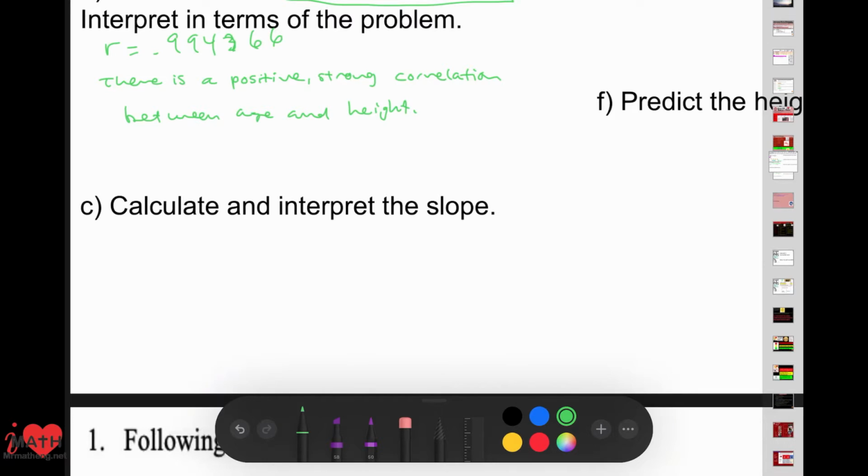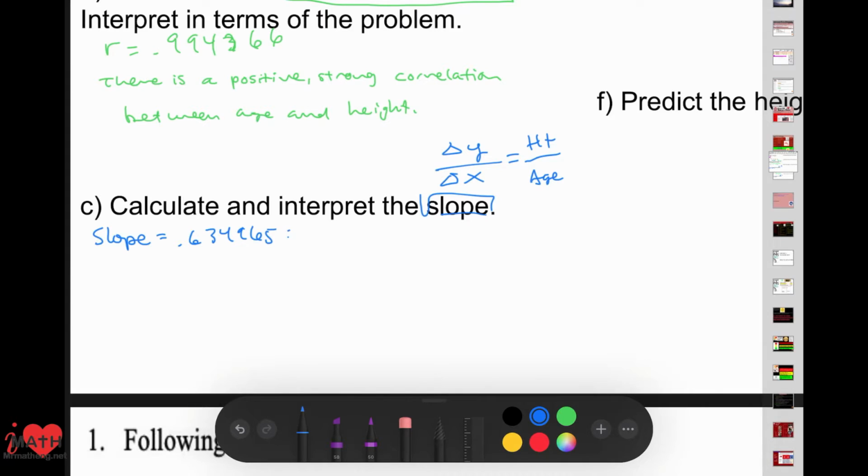Okay, so it says calculate and interpret the slope. So the slope was 0.634965. Remember, the word slope is the change of y over the change of x. So our y's were height and x was age.